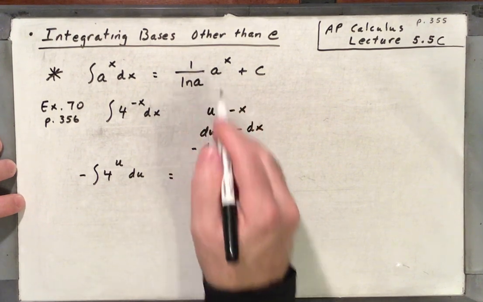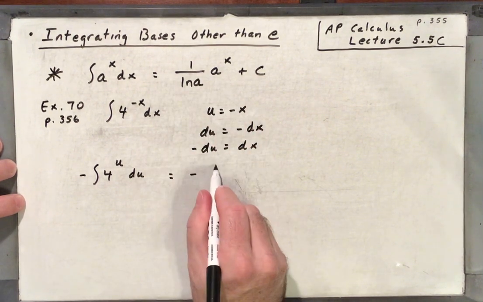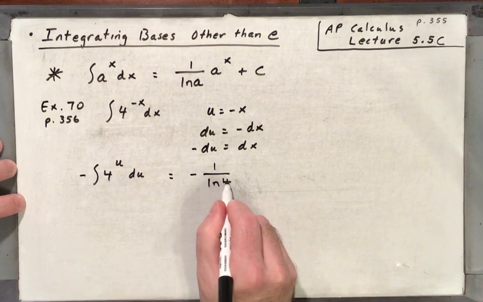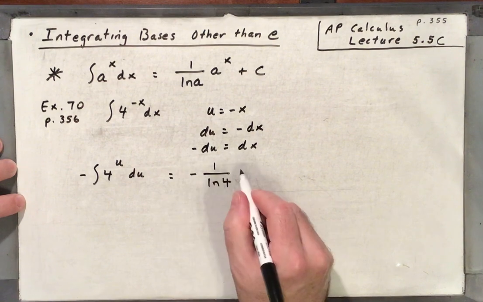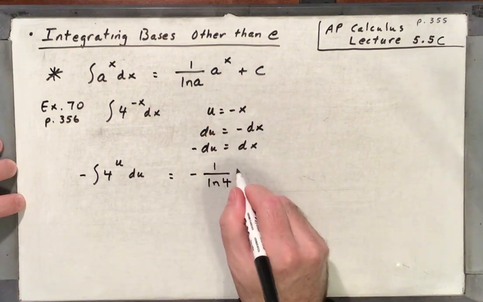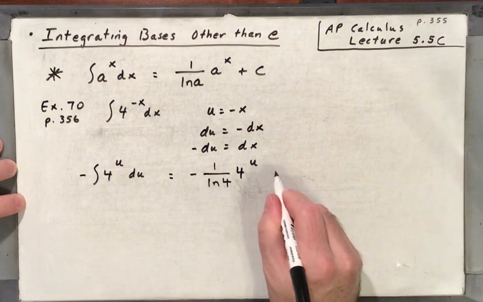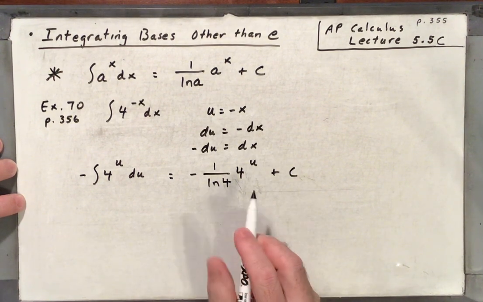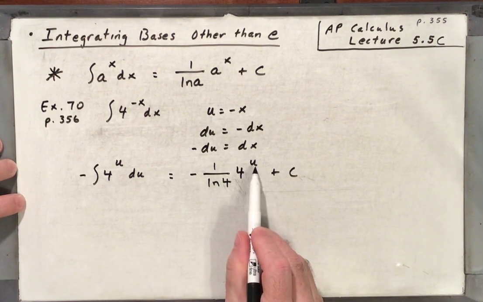All right, now we use the formula. It's going to be minus 1 over the natural log of a, which in this case is 4, times 4 to the u plus c. Now you put u in the problem, you got to take u back out.